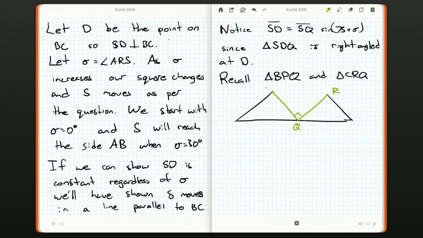Q, R, P, and we have B and C. And we have 90 minus sigma, 30 plus sigma, 60, 60, 60 plus sigma, and 60 minus sigma. So we're going to let x be the side length of the square.